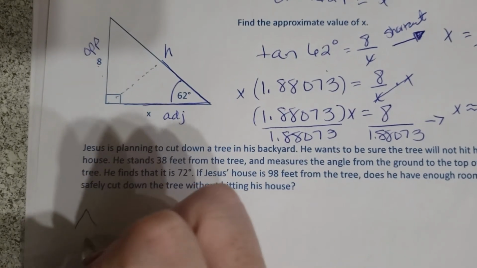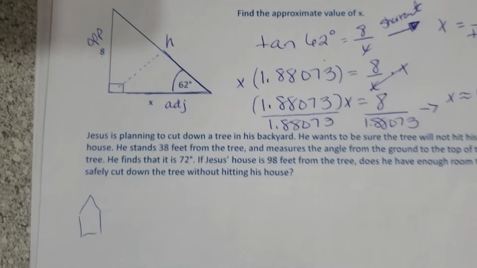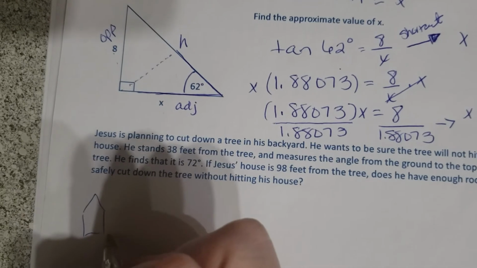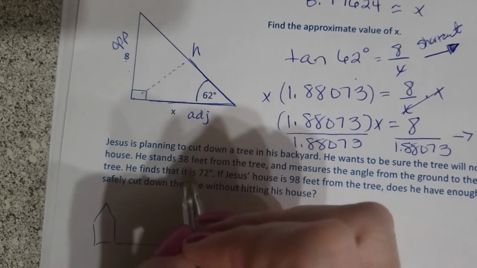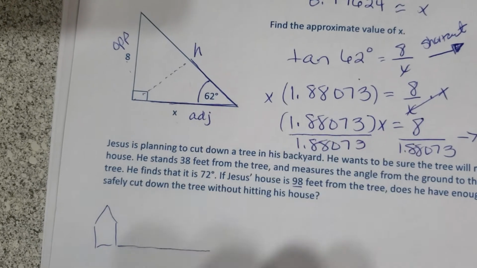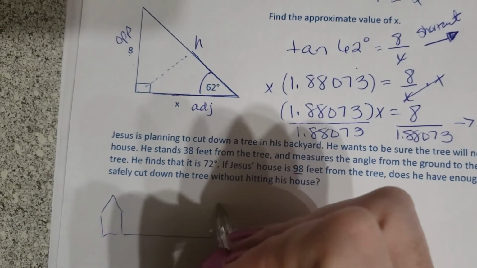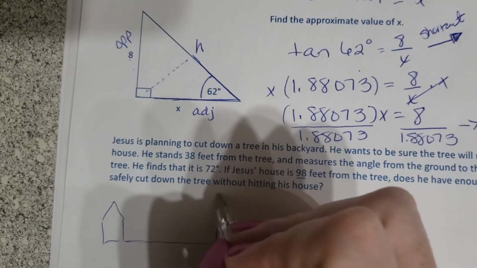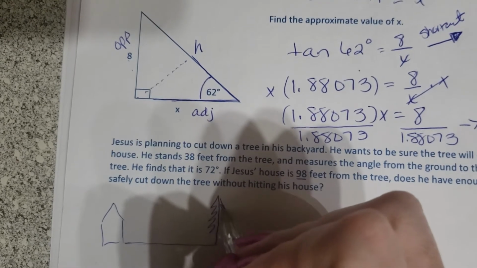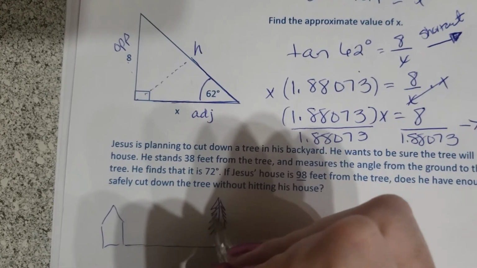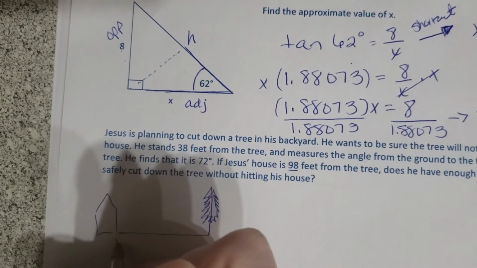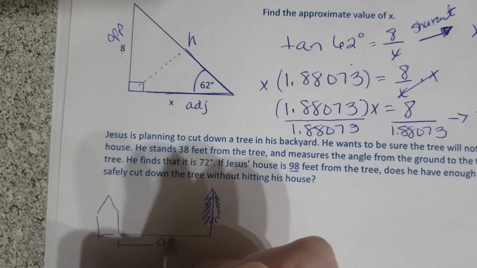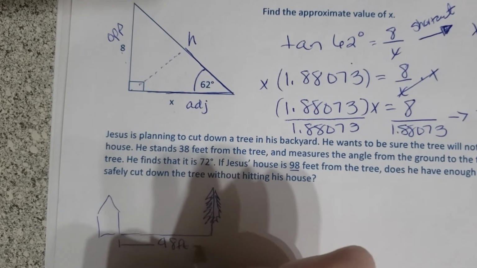So here's Jesus's house. I'm not an artist, people. It says his house is 98 feet from the tree. So here's the tree. We're going to call it a pine tree of some kind. So this whole distance from his house to the tree is 98 feet.